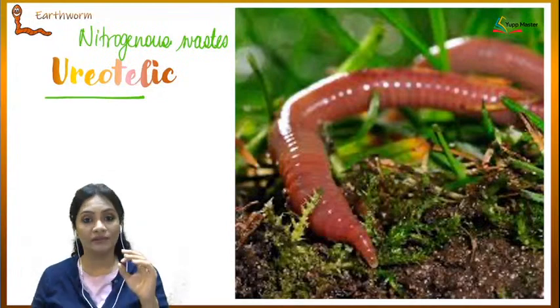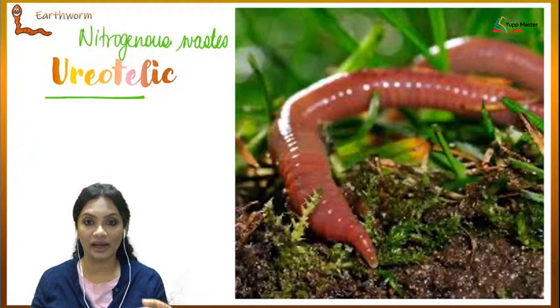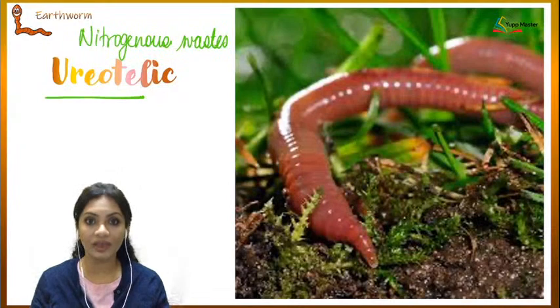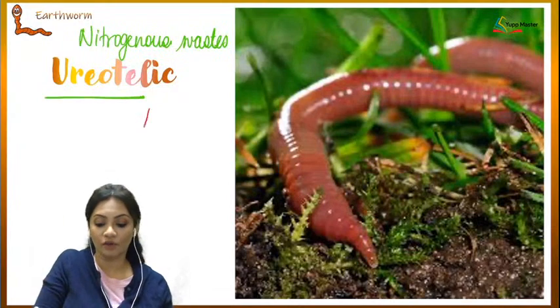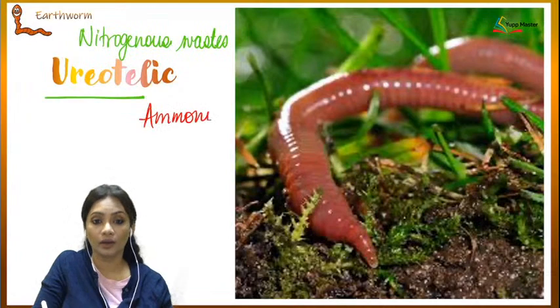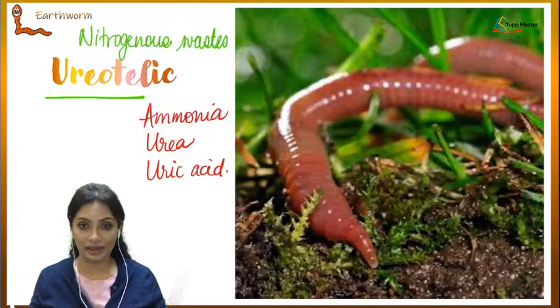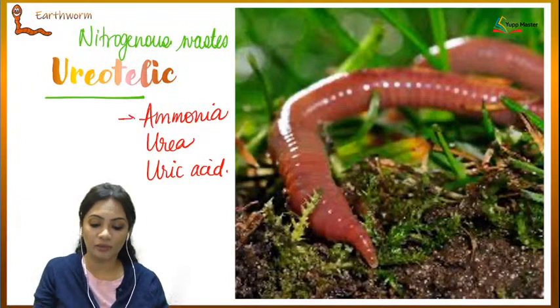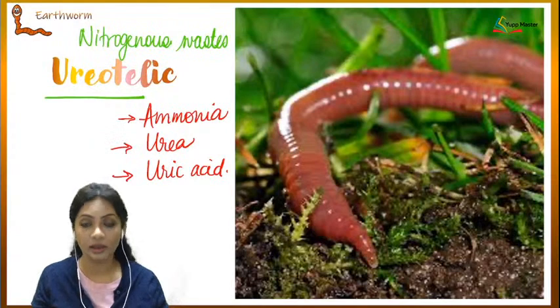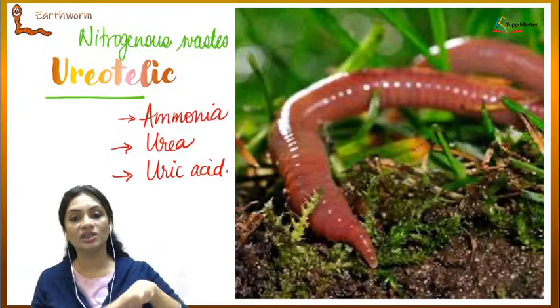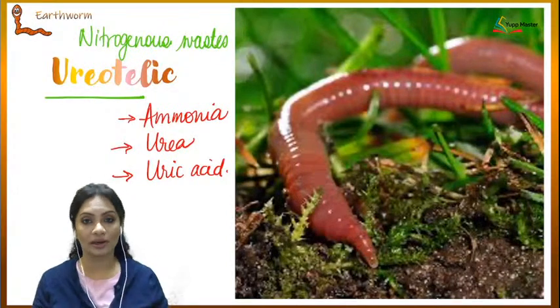Remember one thing, when we speak about the excretion of nitrogenous waste, then nitrogen can be excreted out from the body in 3 ways. Either it could be in the form of ammonia, or it could be in the form of urea, or it could be in the form of uric acid. Now one major thing I'd like to tell you, that whether it is ammonia, urea, or uric acid, most importantly, it is depending upon how much is the water availability for this organism.